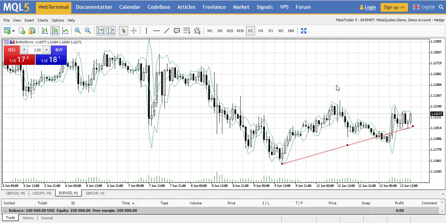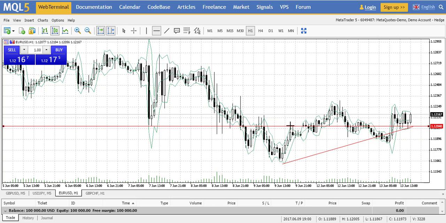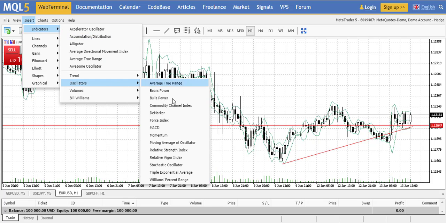Again, the overall movement is rising on the hourly chart, with the resistance line being somewhere in here. It was a resistance, then it became a support, broken again, and just continues like this. I'll say we also add the stochastic.